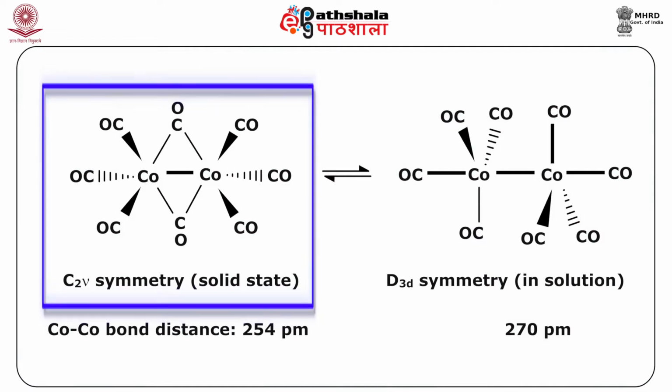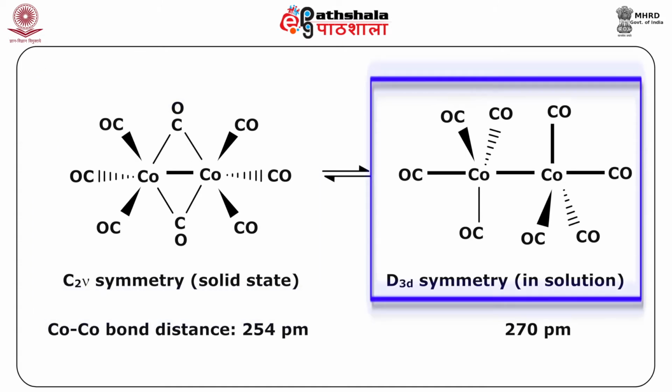In solid state it will exist like this, where two carbonyls are in the form of bridging ligands between the two cobalt. On the other hand, in solution they will open up and each cobalt will have 4 carbonyl ligands, and the structure will be like you can see here.